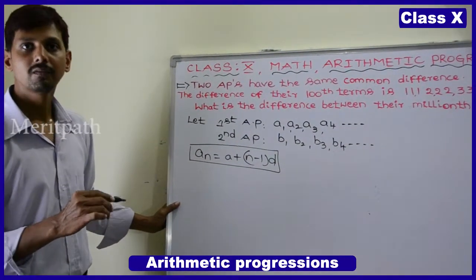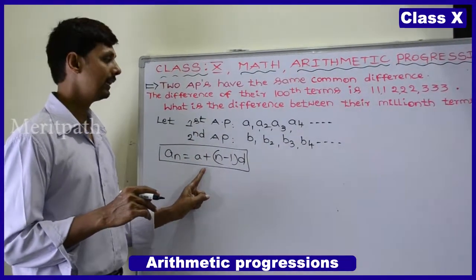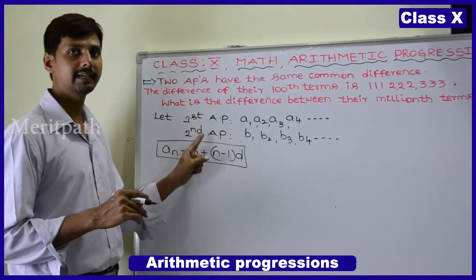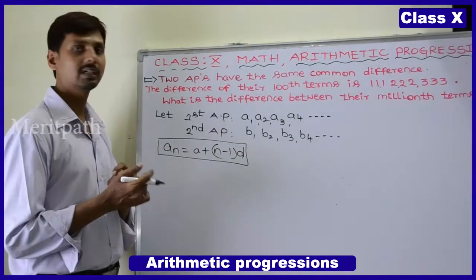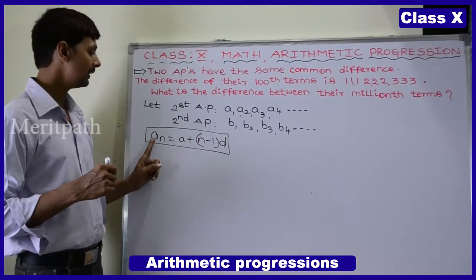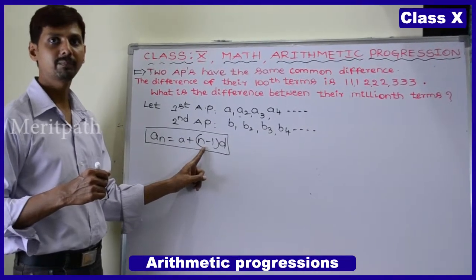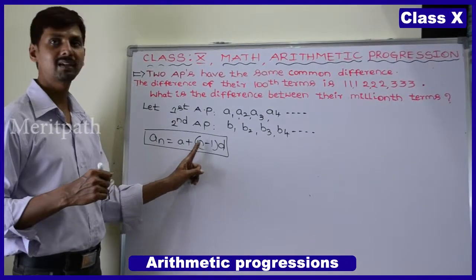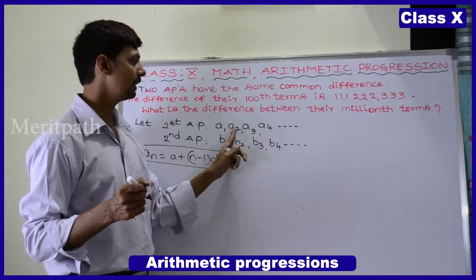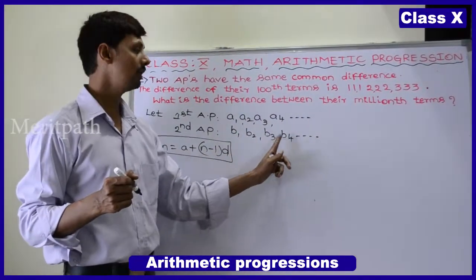Let us first find the difference between the general terms of the first and second arithmetic progressions. The general term of an AP is An equals A plus (n minus 1) into D. Here the first AP is A1, A2, A3, A4 and so on, and the second AP is B1, B2, B3, B4 and so on.